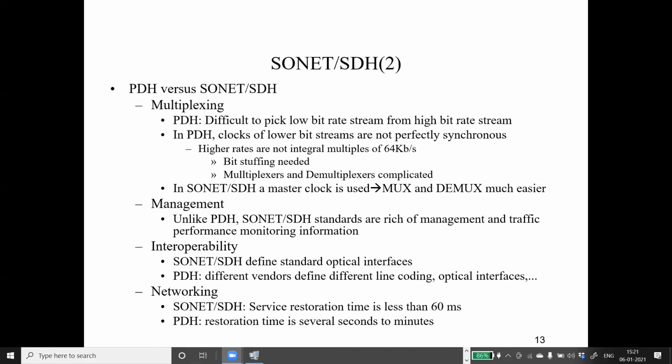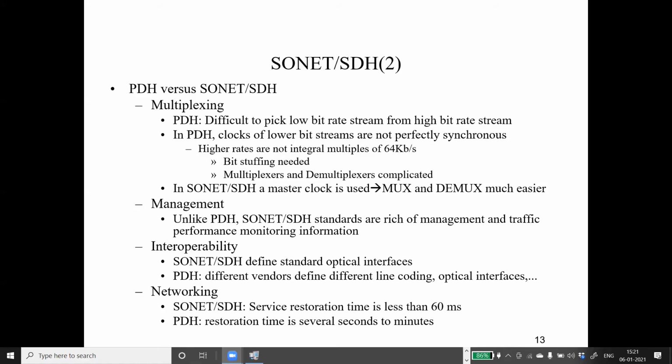That is why standardization was brought in, and Sonnet and SDH followed the standard, so that any service provider could provide it and there was no specific vendor for a specific component. That was an advantage compared to the previous vendors, where every vendor had a different coding technique, which was complicated, and customers were at a disadvantage.